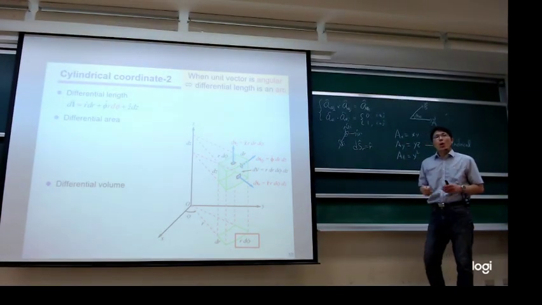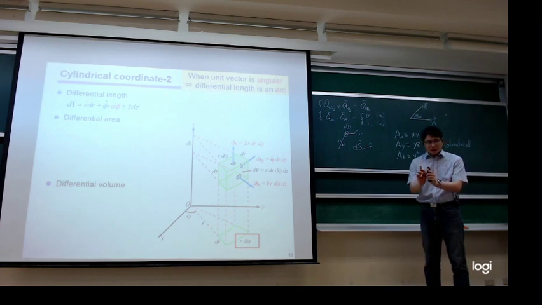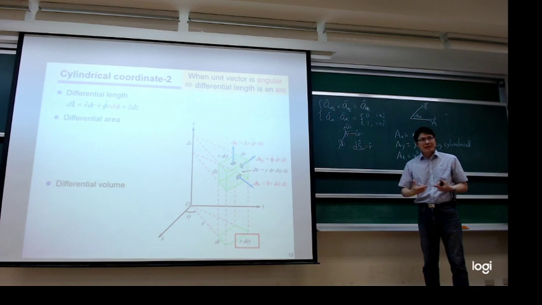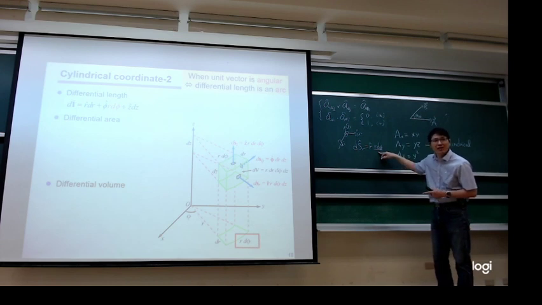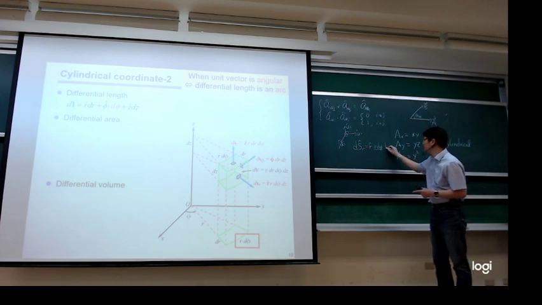Once you know its direction, the area must be determined by the other two differential lengths. So you need the differential length in the phi direction, r d phi, multiplied by the differential length in the z direction.